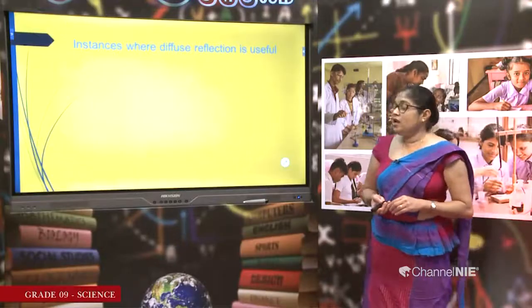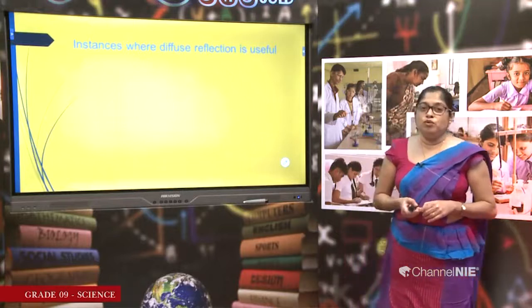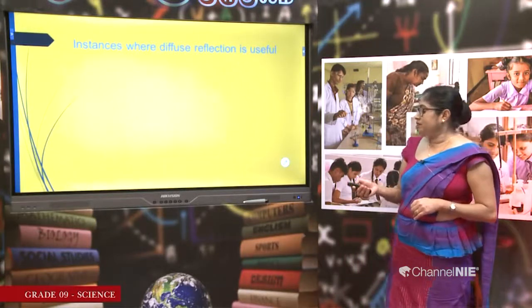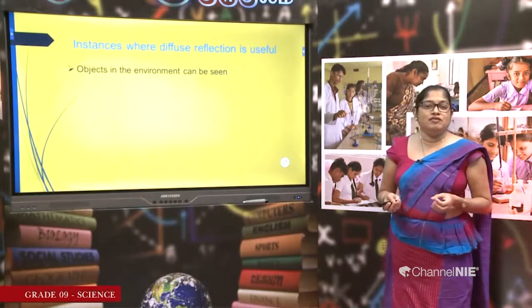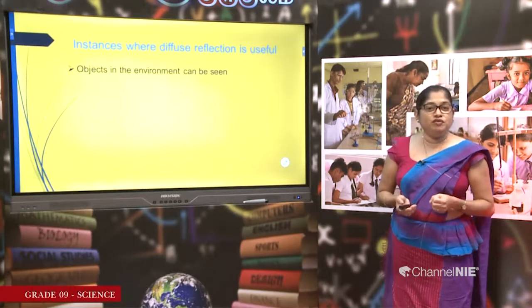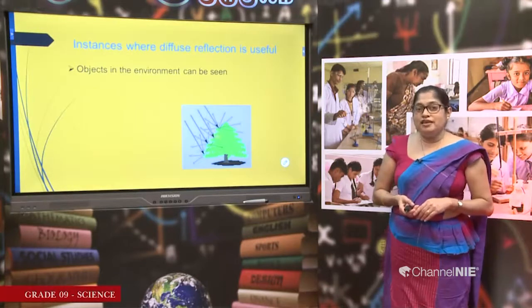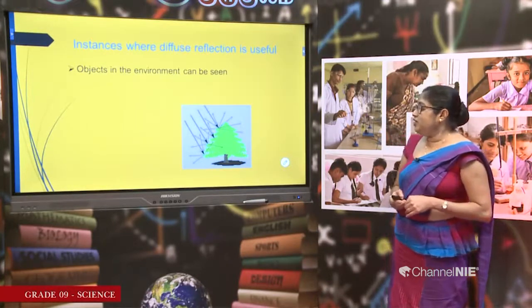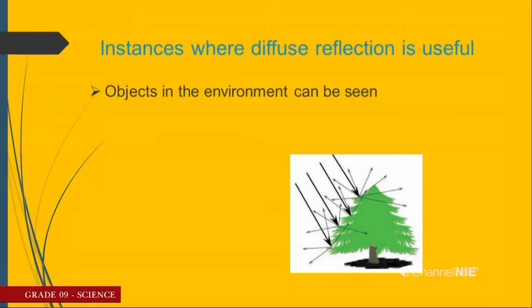Not only regular reflection is useful, diffuse reflection is also useful for us. We see the objects in the environment because of diffuse reflection. You can see here a tree, a parallel beam of light is falling on the tree. This is an example for diffuse reflection.